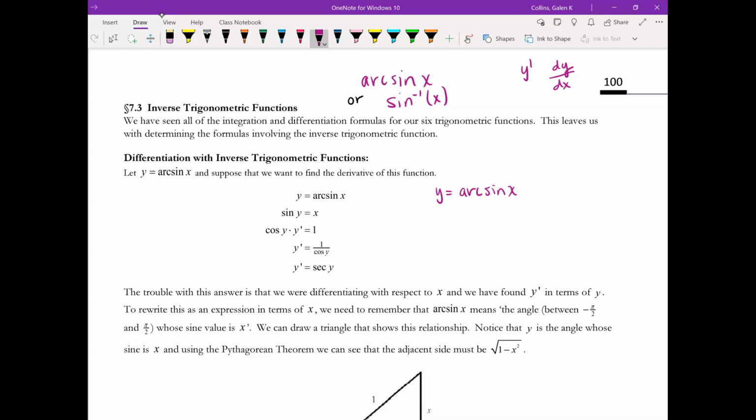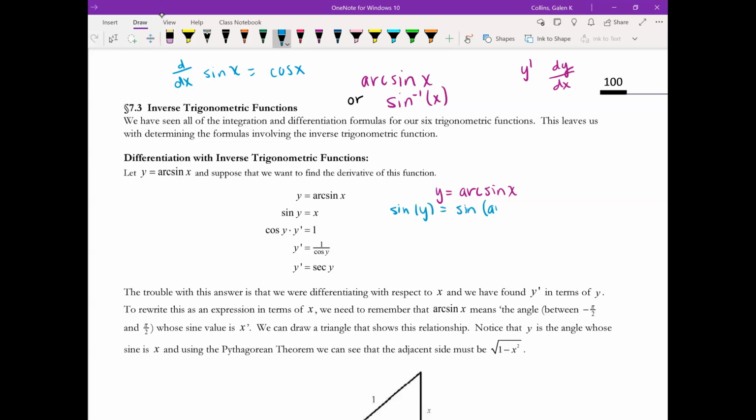We do know the derivative of the sine of x, or the sine of any junk, so to speak. When I take the derivative of the sine of x, I know that is the cosine of x. So something that we could do here to get rid of the arc sine of x is take the sine of both sides of this equation.